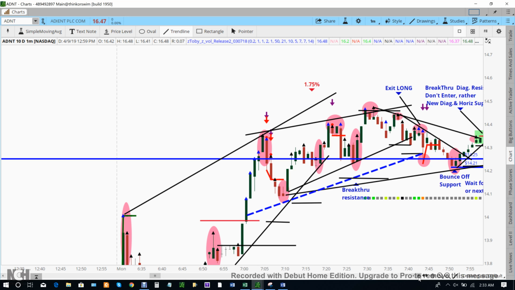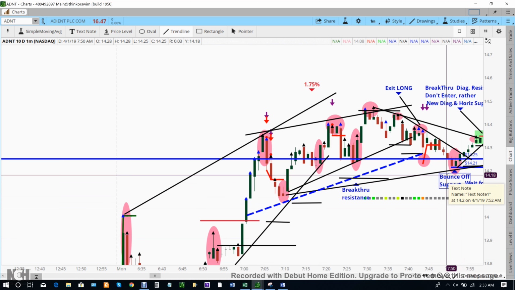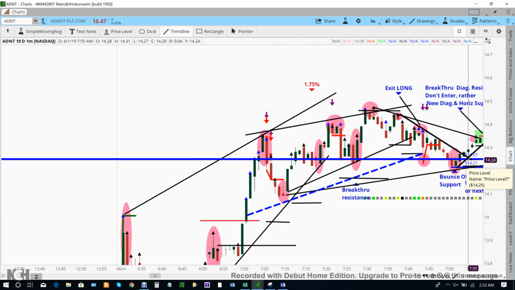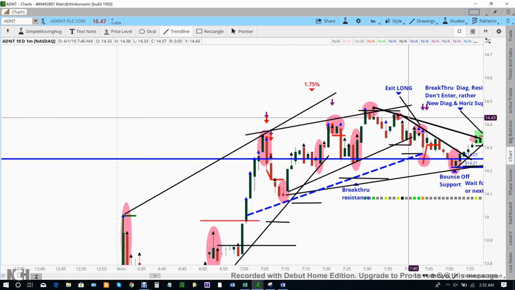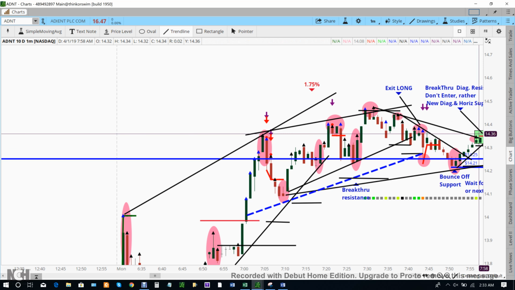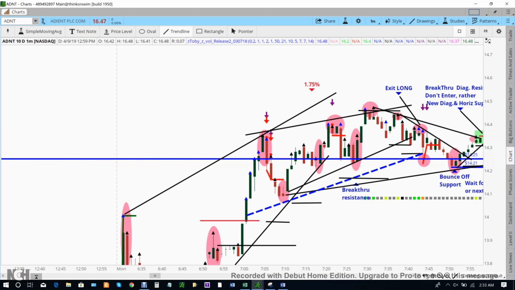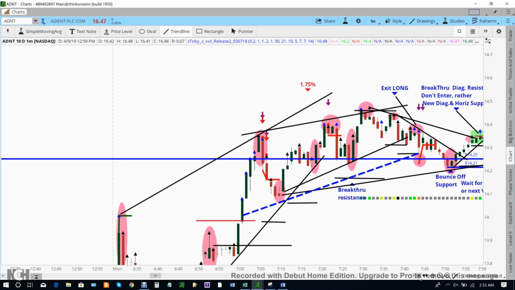Anyway, now we have this down diagonal line, and what you have to really watch out for is there's the short resistance line, and these are diagonals, and then another diagonal line here. So which one's the real one? Anyways, we're just going to watch it a little bit.